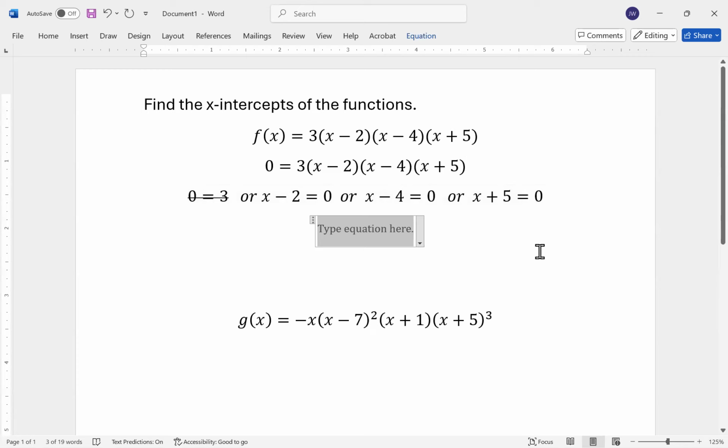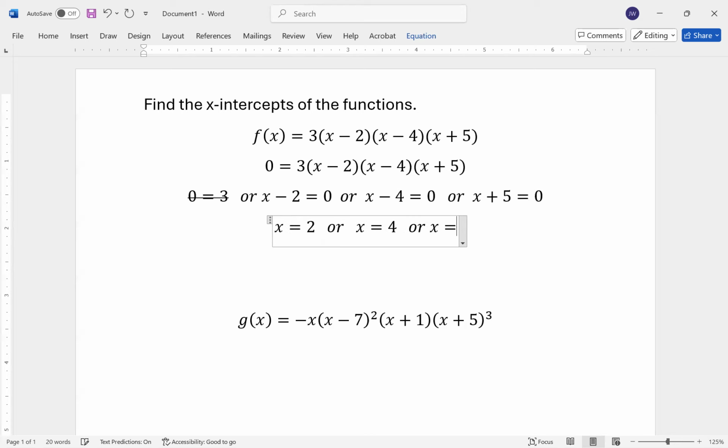So in the first one, x minus 2 is equal to 0 when x is equal to 2. In the second one, x minus 4 is equal to 0 when x is equal to 4. In the third one that's left, x plus 5 is equal to 0 when x is equal to negative 5.